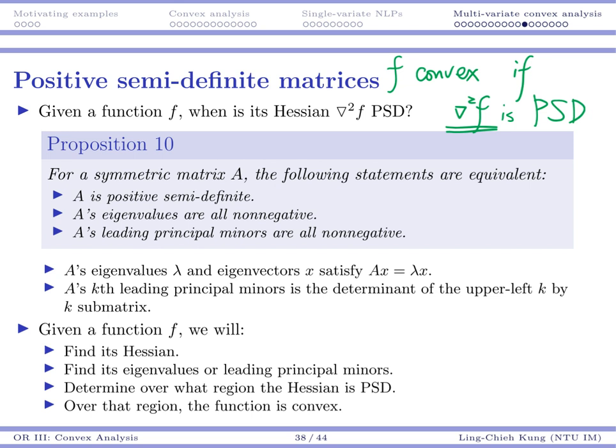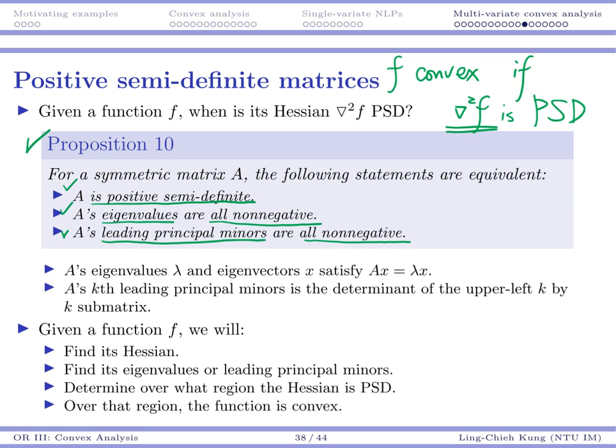So what we will do is actually to use the following proposition. All the following statements are equivalent. What's that? Your A is positive semi-definite, or A's eigenvalues are all non-negative, or A's leading principal minors are all non-negative.